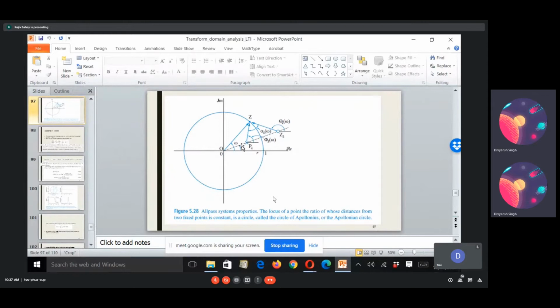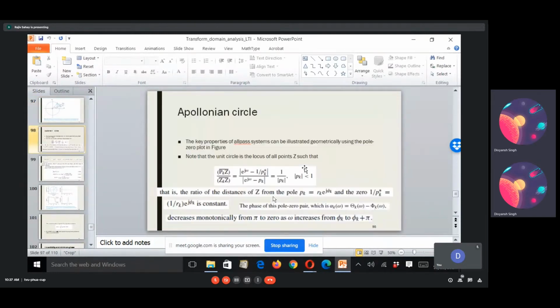Suppose omega is equal to phi k, then this angle is equal to pi. As omega increases from phi k to phi k plus pi, alpha k will decrease from pi to 0.